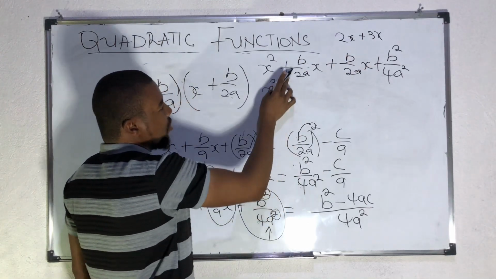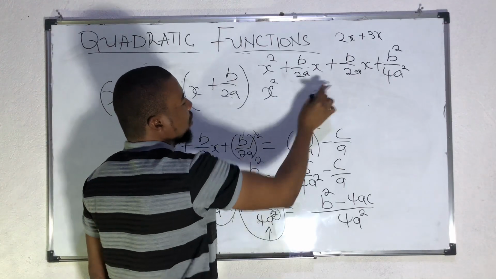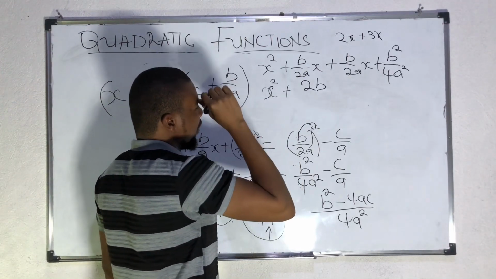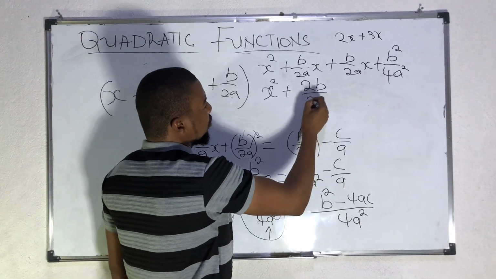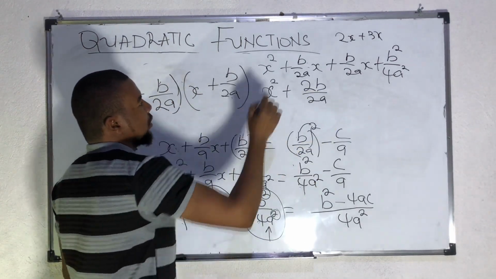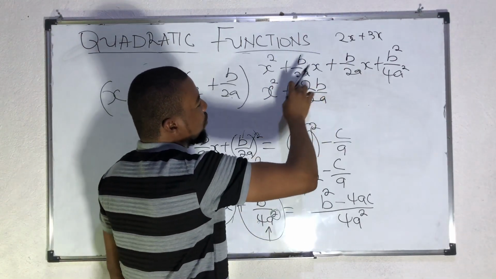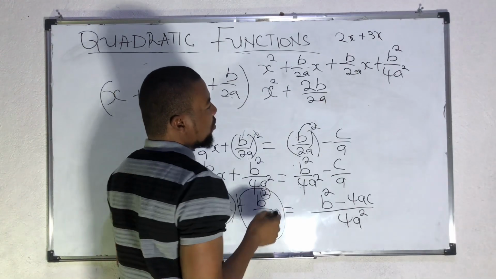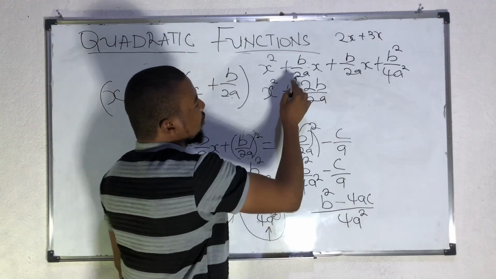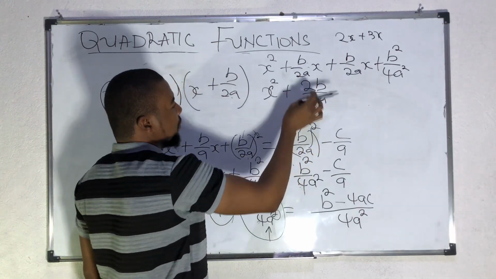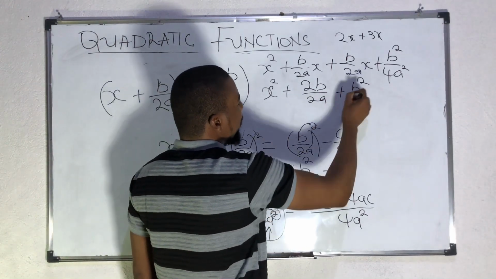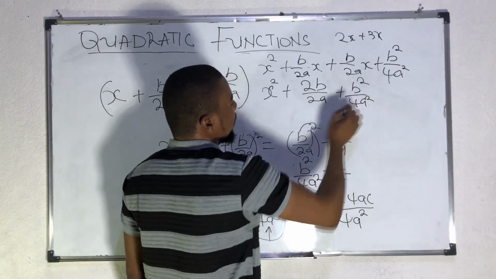In the same way, b over 2a x plus b over 2a x will now give you plus 2b over 2a. These are common denominators, so you just pick one. So b plus b will give you 2b, and the denominator is 2a, plus b squared over 4a squared.